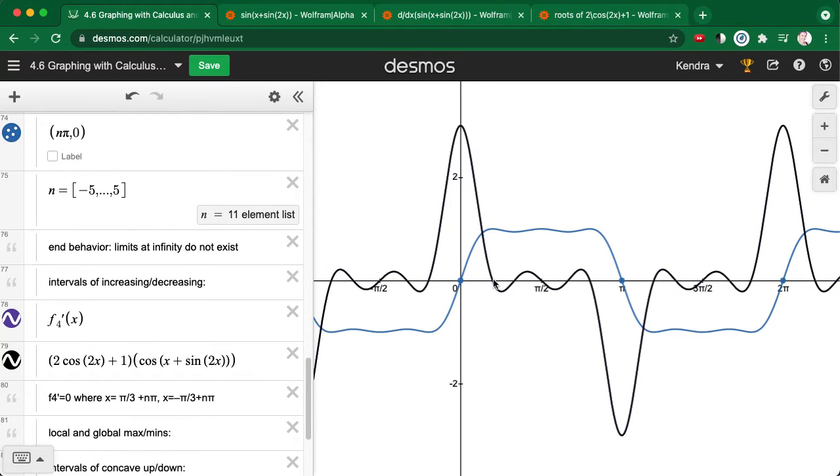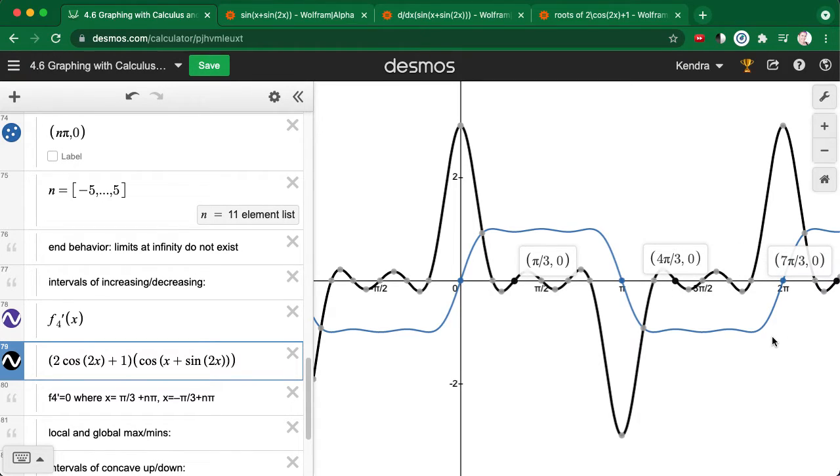So here's the pi over 3, and then 4 pi over 3. So those are happening every pi over 3 units. That is also, where is that? Subtracting a multiple of... it'll be this one here, negative 2 pi over 3.